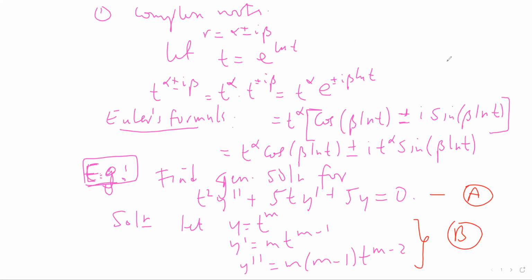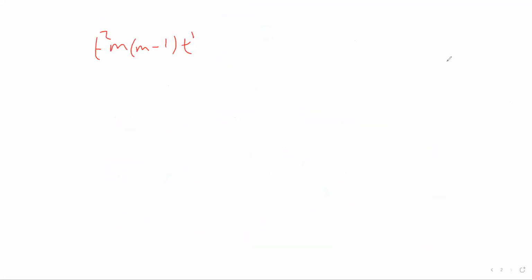Then you can make substitutions. So you have m(m − 1) x^m plus 5m x^m plus 5x^m is equal to 0.